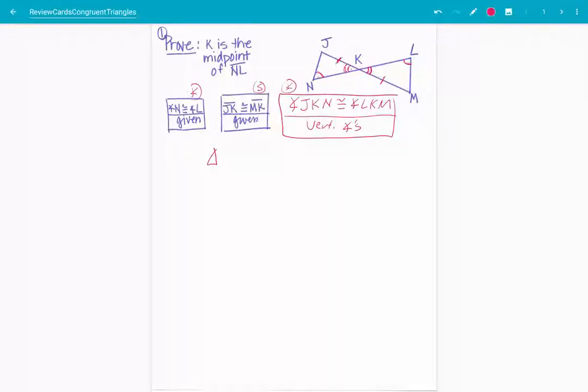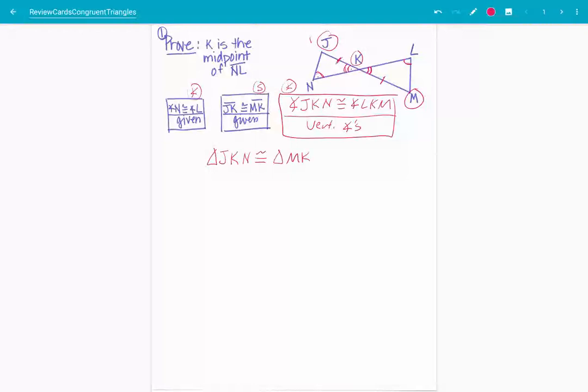So I'll say that triangle JKN is congruent to triangle. Well, if I call this one JKN, then I need to call the other one MLK, because I start with the angle that's not marked. That's the first letter, and then I go to this. I called it wrong, didn't I? Then I go to the middle one.